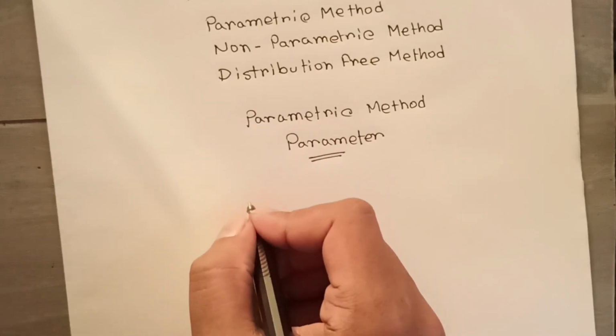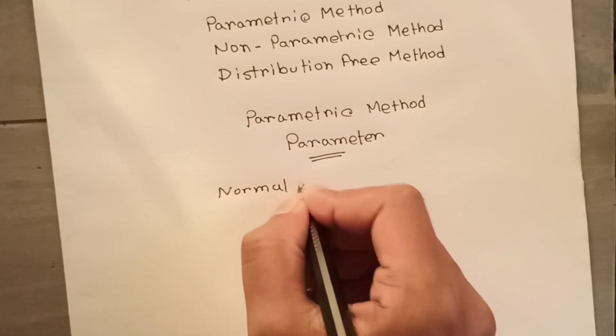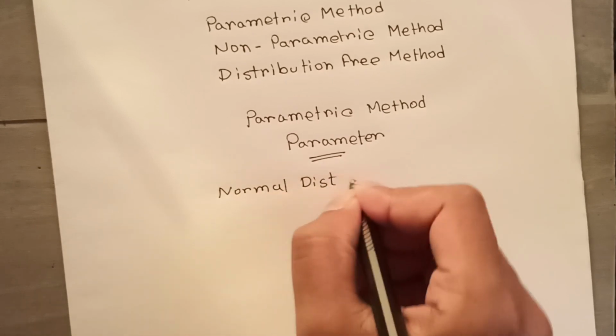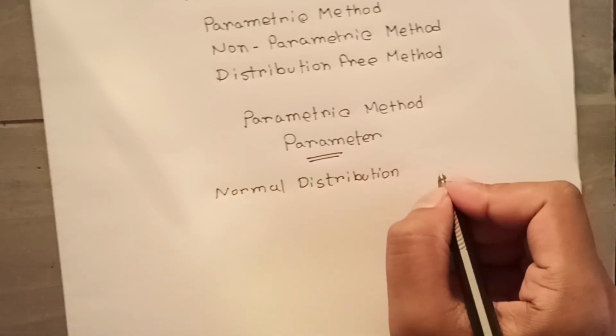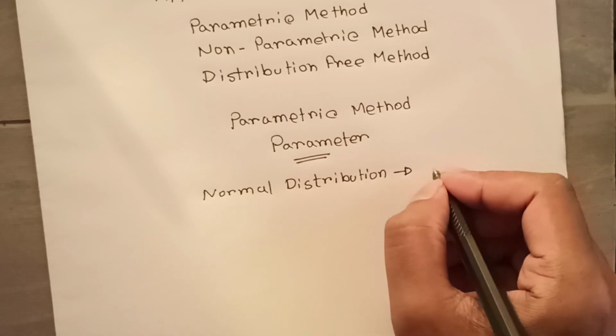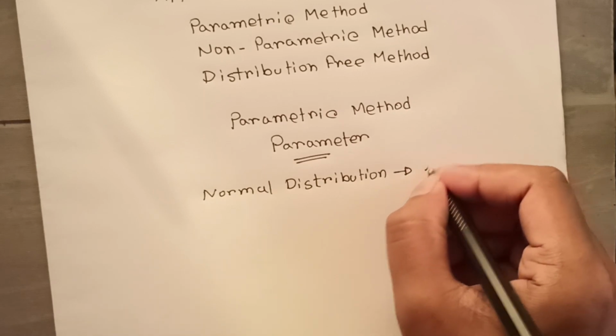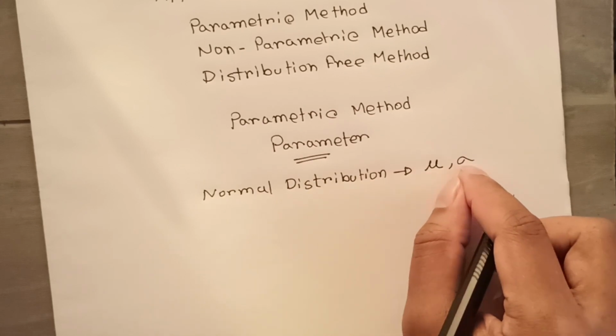I know you hear a lot about the normal distribution. You are quite aware that the normal distribution has two parameters, mu and sigma, the mean and the variance.